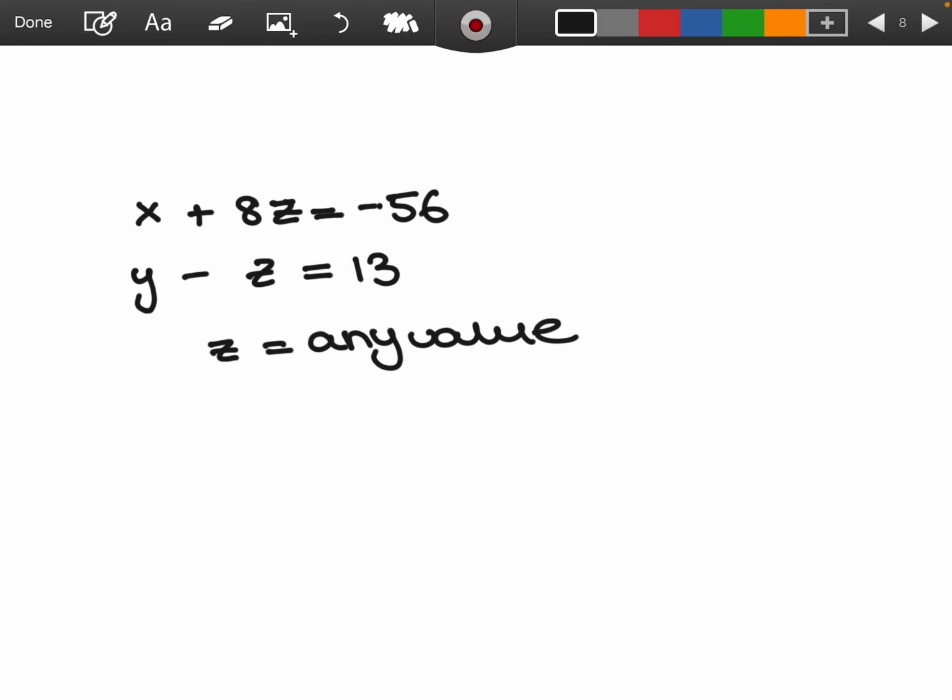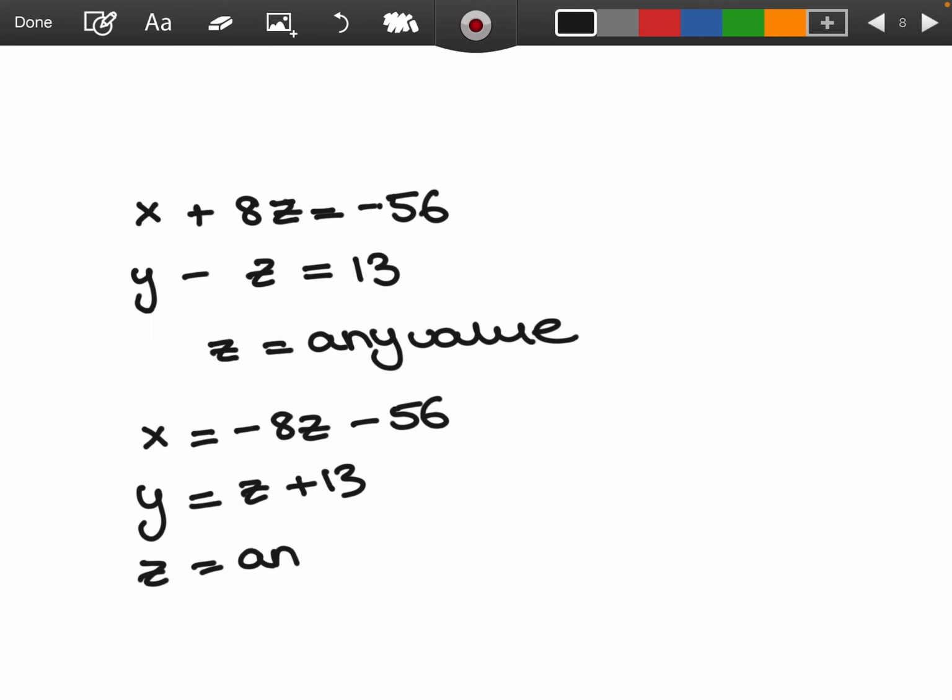So it can equal any value. We know it's a free variable. So now I have to write x and y in terms of that free variable. So that tells me that x is equal to negative 8z minus 56. Y is equal to z plus 13. And z is equal to any value.